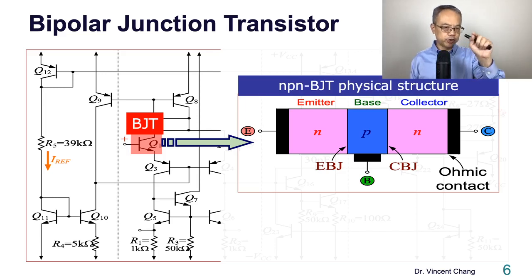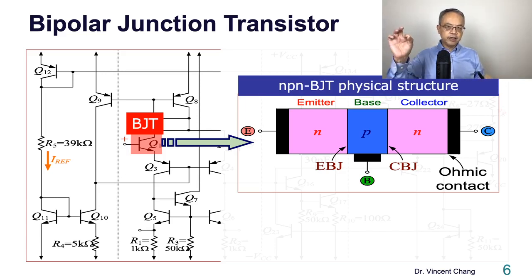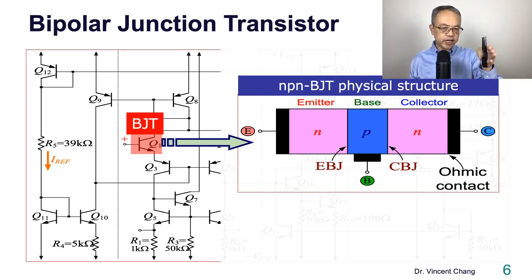A bipolar junction transistor has three terminals: emitter, base, collector, E, B, C. EBJ stands for emitter-base junction, and CBJ stands for collector-base junction. This is the NPN bipolar junction transistor's physical structure.